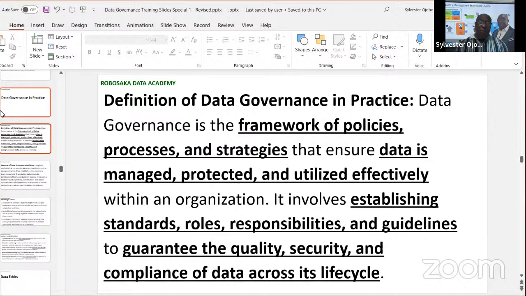And the result of it is that all this resulted in an improvement in about 70% of data quality and security, and also compliance across the life cycle of data within the organization.